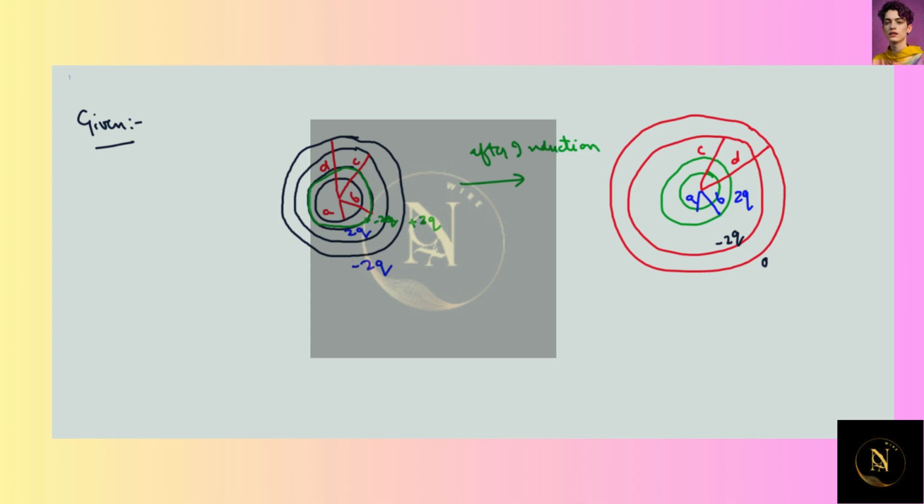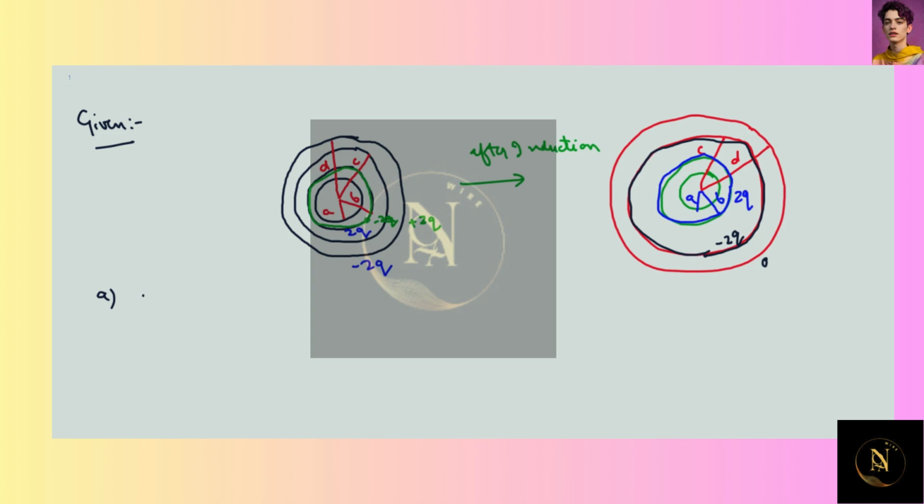So minus 2q is on this surface and that 2q is on this surface. So this surface doesn't have any charge and this surface doesn't have any charge. So let us find the electric field in all regions. We have a part of this question.